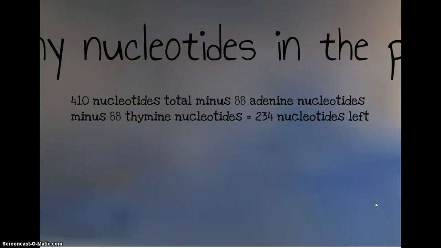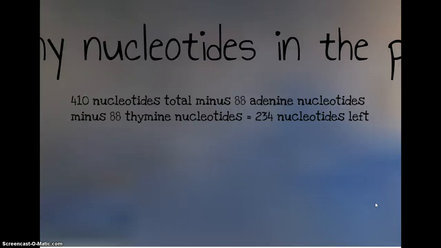from before, I'm sorry, I skipped ahead, that there were 410 nucleotides total, minus the 88 adenine nucleotides. But we also have to subtract 88 thymine nucleotides, because assuming that there aren't any mutations, we know adenine will only bond with thymine, and being that there are 88, there must also be 88 thymine.